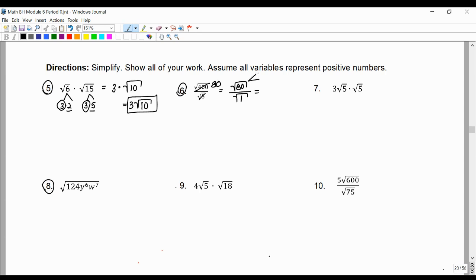I think I did this problem before, and I used 16 times 5. So 16 is a 4, and 5 stays inside. Sometimes you might pick a really efficient way, and other times you might do 8 and 10 and then just keep going and pulling out all the pairs.